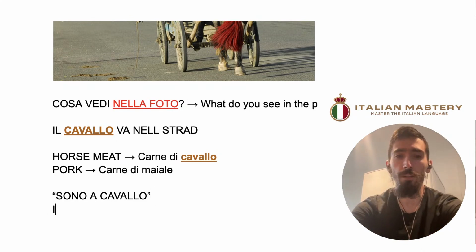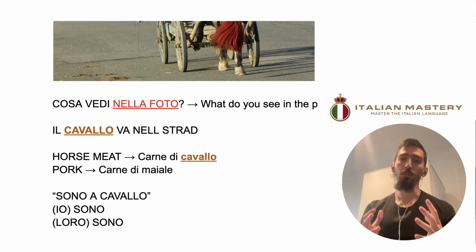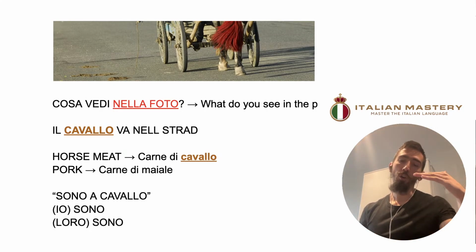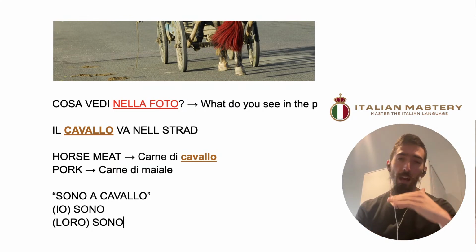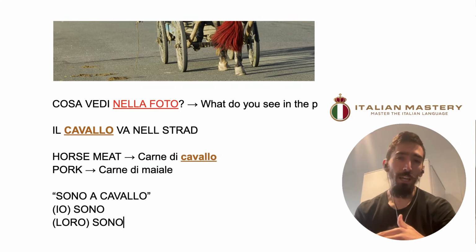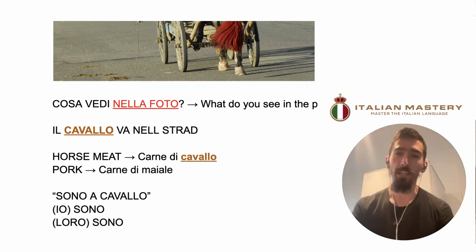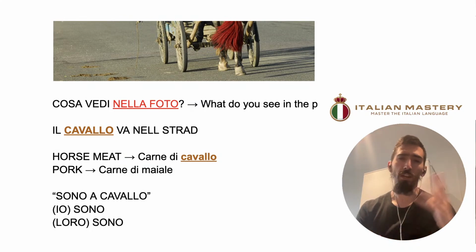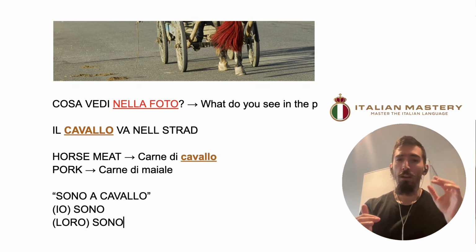First of all, sono can be io sono or loro sono. In other words, you know that we have conjugations in Italian. I have is different from you have, is different from he or she has, and that's not the case in English, not the case in other languages. In Chinese, for example, the verb is always the same.